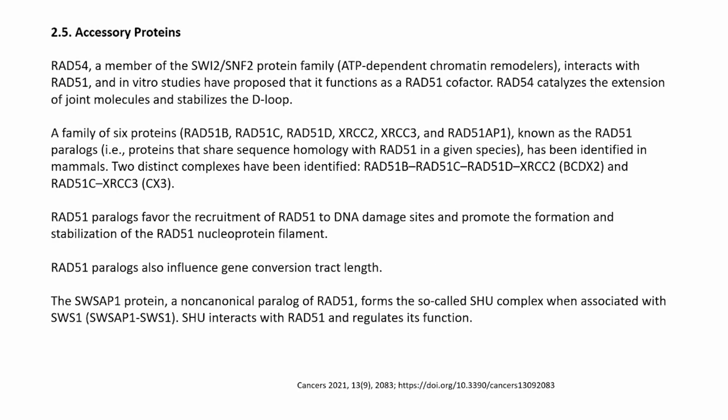RAD51 paralogs favor the recruitment of RAD51 to DNA damage sites and promote the formation and stabilization of the RAD51 nucleoprotein filament. The RAD51 paralogs also influence gene conversion track length.